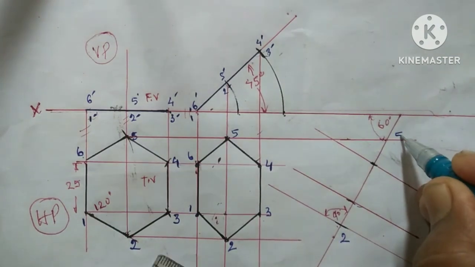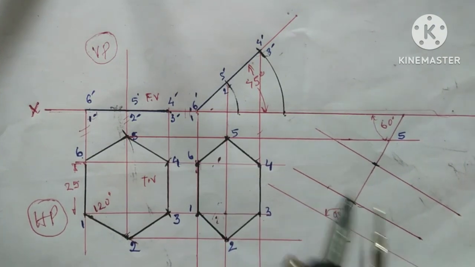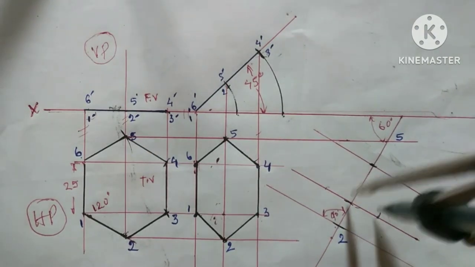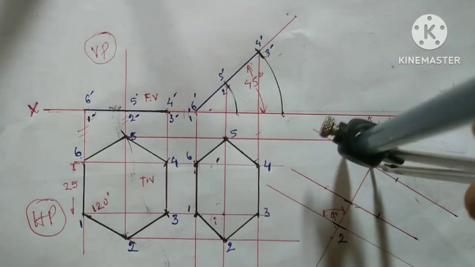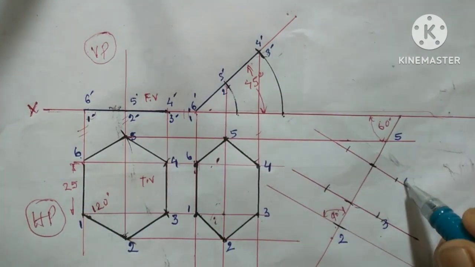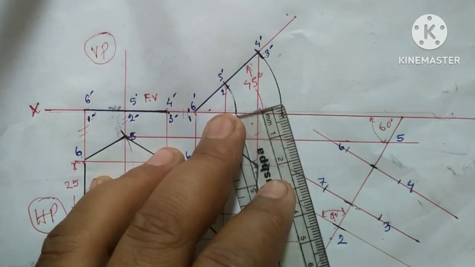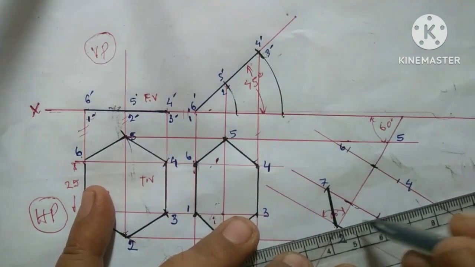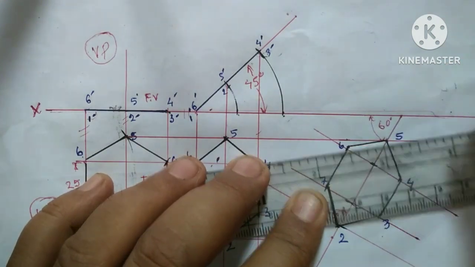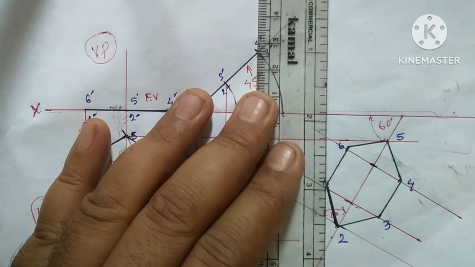This is the starting and end point of the axis, points 2 and 5. Mark it and look carefully, this distance will be equal. Then give the same point names 2, 3, 4, 5, 6, 1. Then join point to point. So this is our top view, which is making an angle of 60 degrees with the VP.